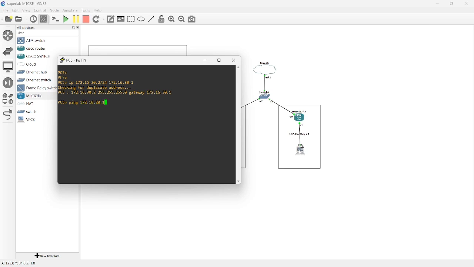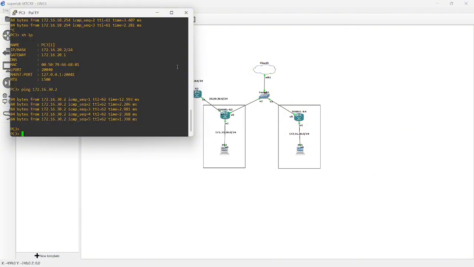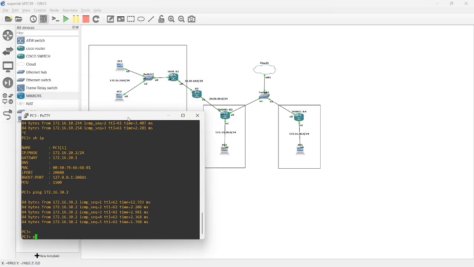Okay, we ping into PC5 to PC4 router PC4 and ping to PC router 3.